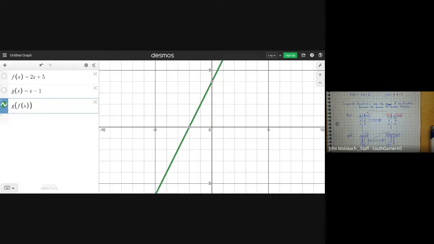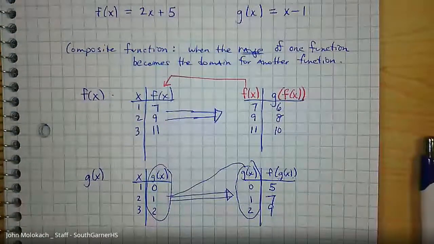Okay, and if I want to find g of f of x where x is 1, the answer should be 6. Let me stop for a moment and say that again.